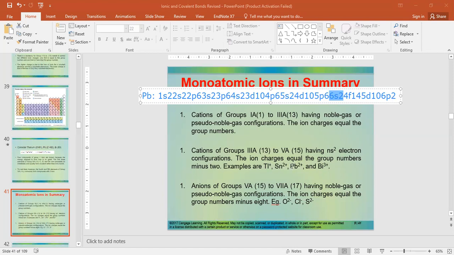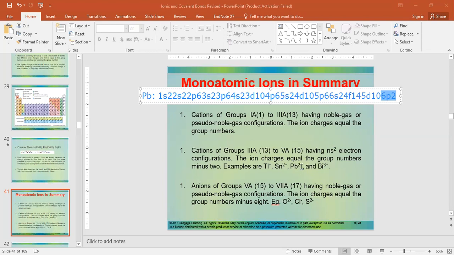But now the lead 2 plus is more stable than the lead 4 plus because once this one is formed, then you get an inner kind of configuration which is stable. The s2 is a stable configuration. So the lead 2 plus is more stable actually.